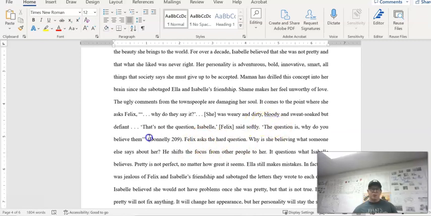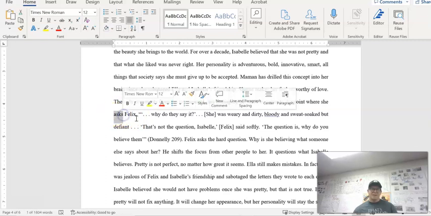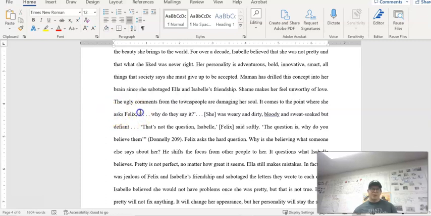Look, we got a quote within a quote. The ugly comments from the townspeople are damaging her soul. It comes to the point where she asks Felix, great, asks, so therefore we have a comma. We have the quotation mark because this is a quote from the book, but this is a quote within a quote.